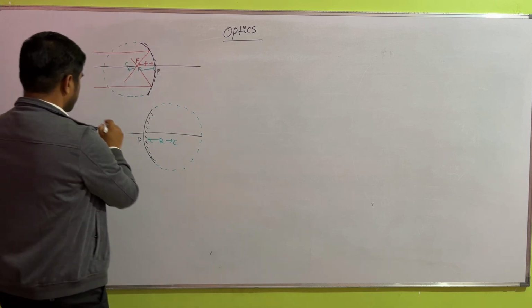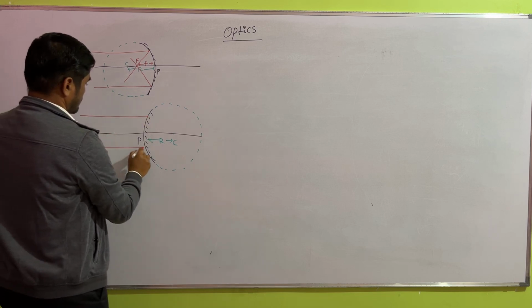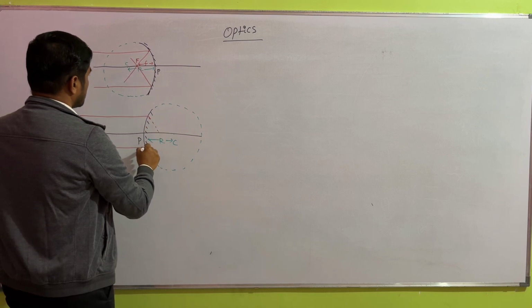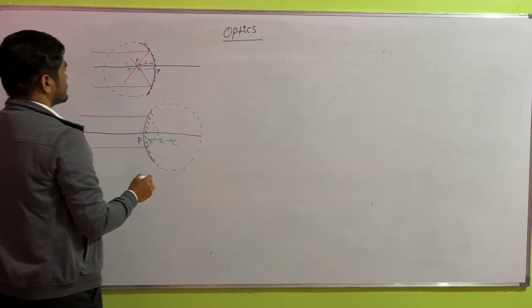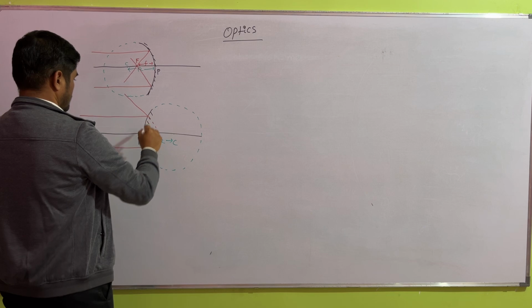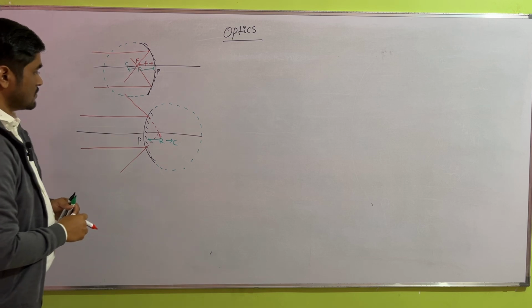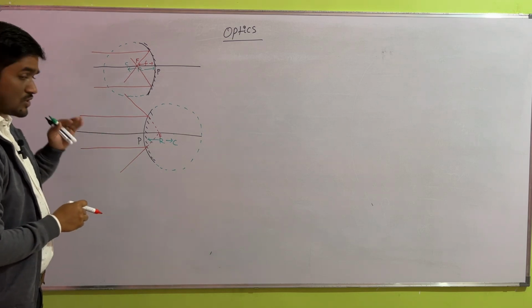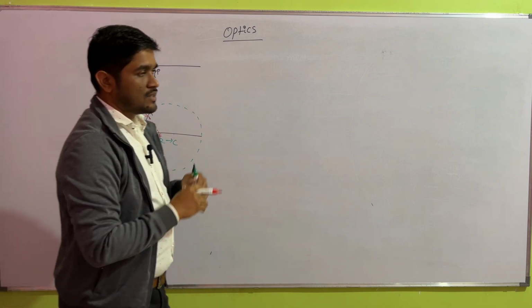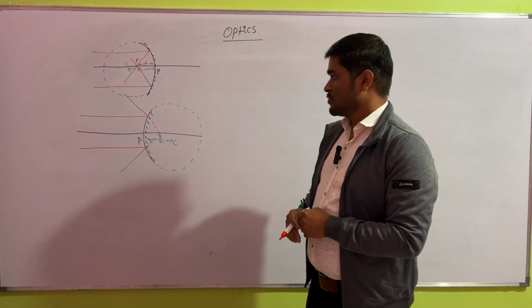And here also the rays which come from infinity are parallel to the principal axis, and after reflection through the mirror, they will pass through the focus.